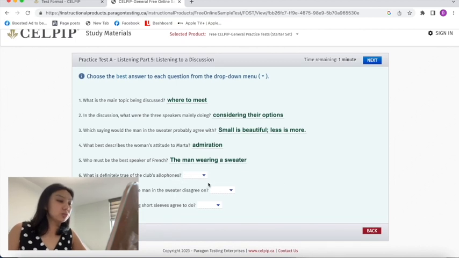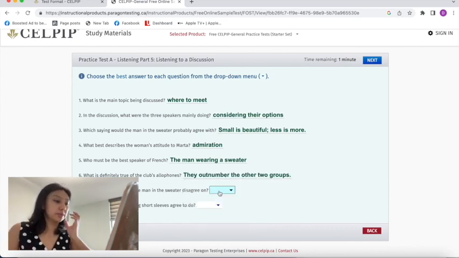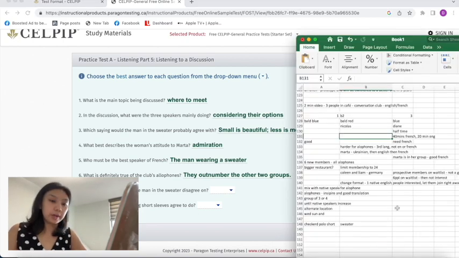What is definitely true of the club's allophones? They talked about how there are more allophones in the group than native speakers, so they outnumber the other two groups. And then what do the man and woman in the sweater disagree on? I think it would be changing the format and doing the wait list.